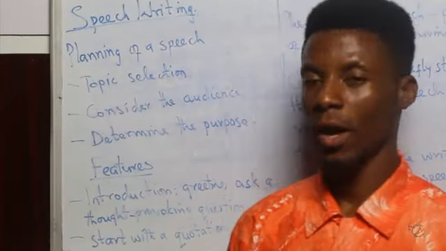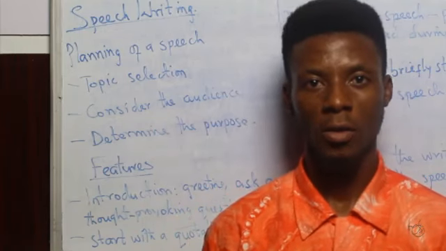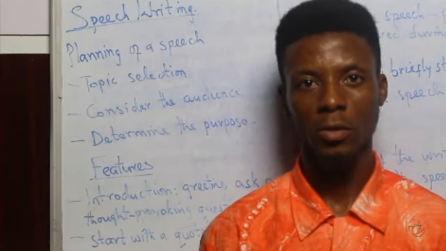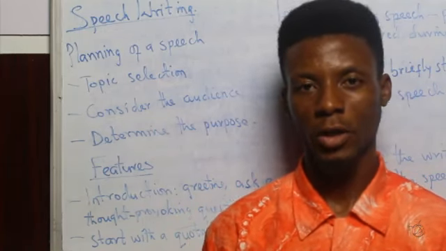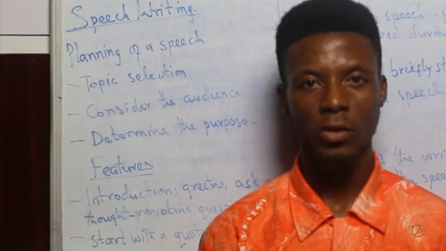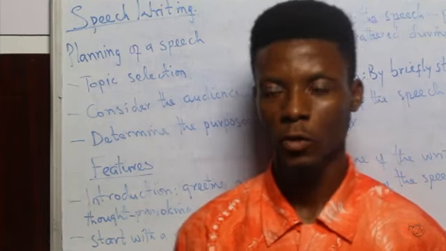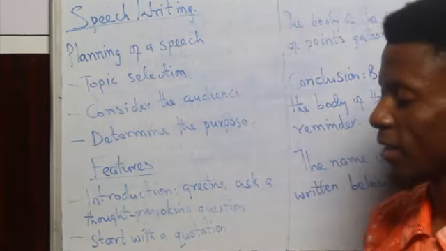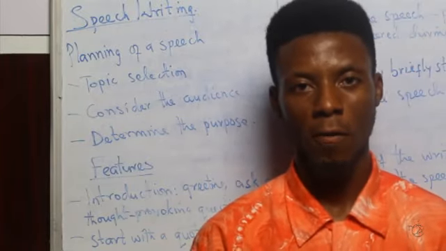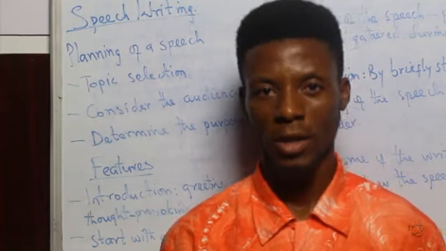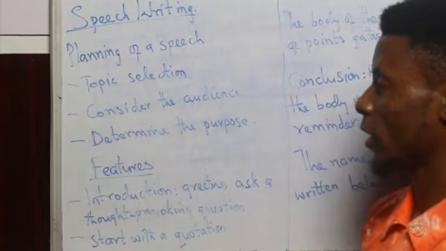By planning your speech, you gather resources from newspapers, novels, magazines, journals, news on the television, from the internet, and every source that you can think of. You put these sources together, and then you think of a suitable topic for your speech. That is where you select a topic.